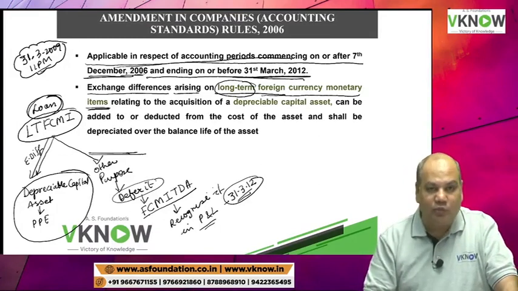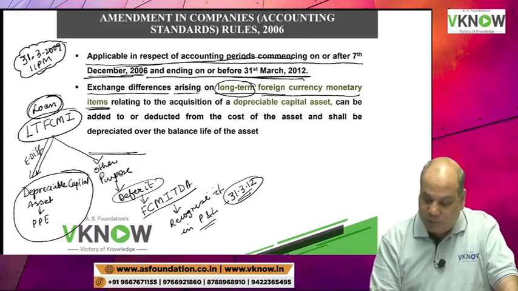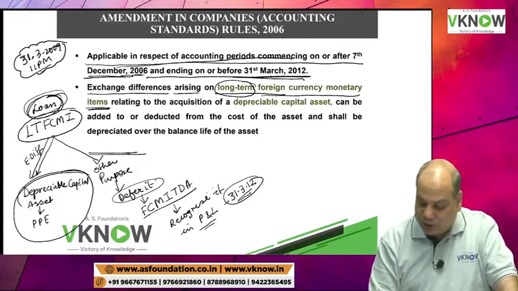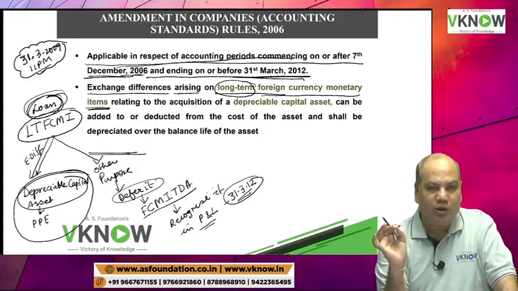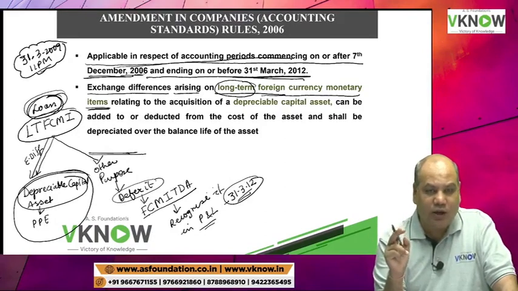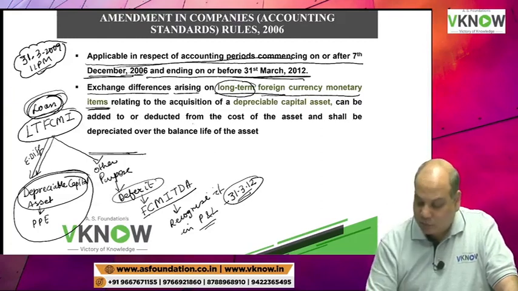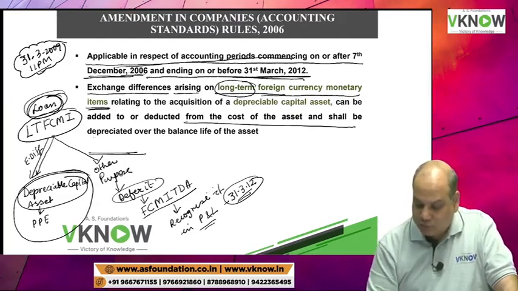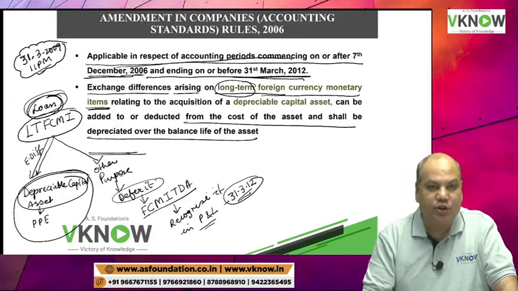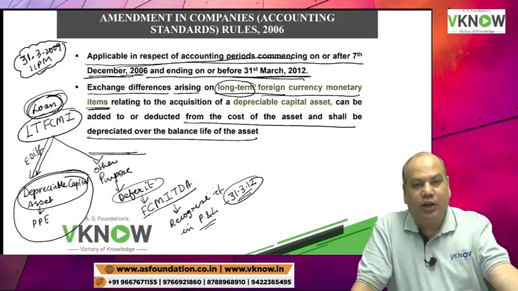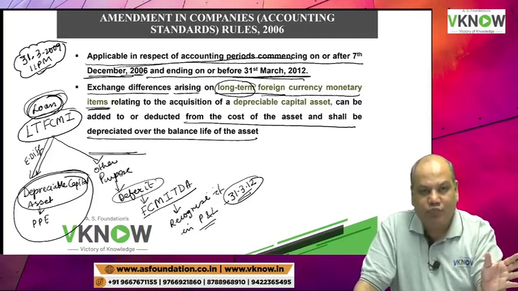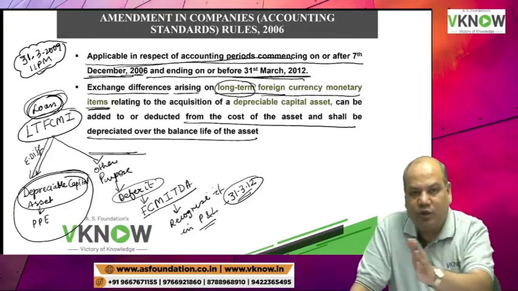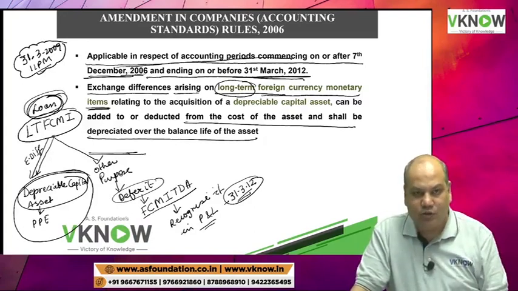So the benefit of this amendment is if the loan is taken to acquire depreciable asset, your P&L account will not be charged in that year, rather asset will be debited and slowly you are going to provide depreciation. So it will get transferred to P&L account but not all of a sudden, but over the life of the asset because it will get capitalized over the asset cost.